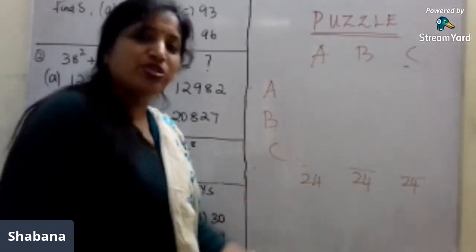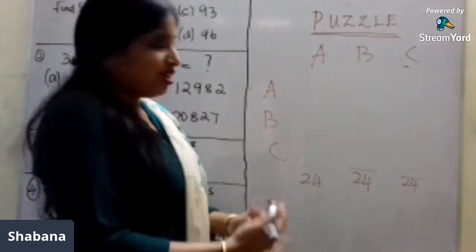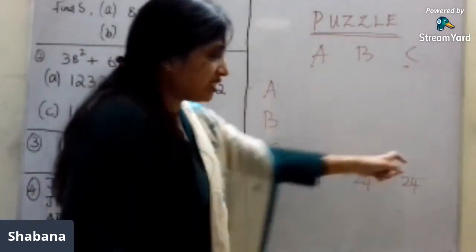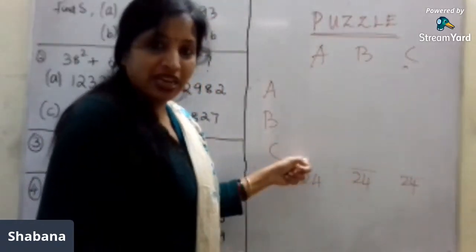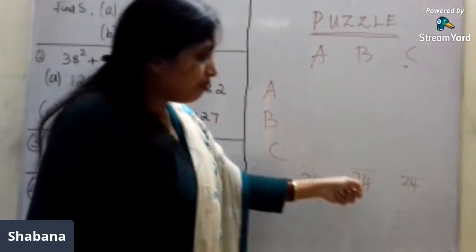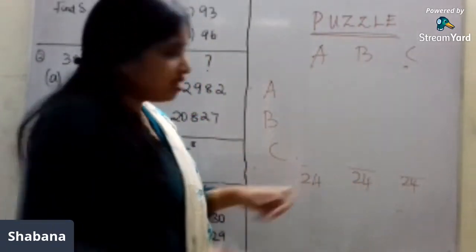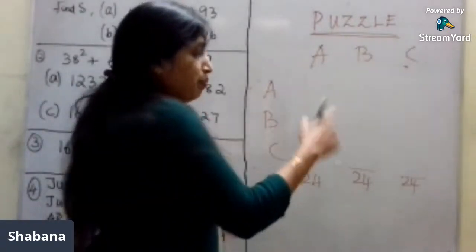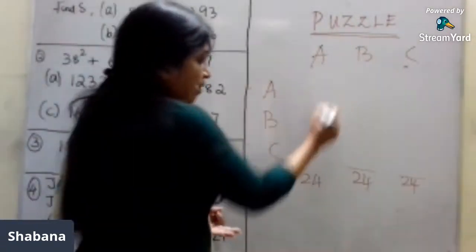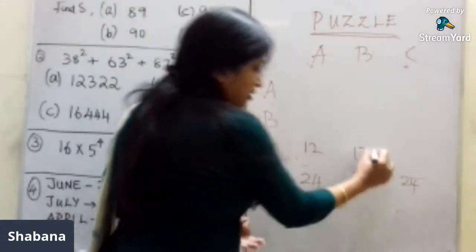So I'm just going to see the entire puzzle from the other side of it. So after lending tractors to B and A, B had 24 tractors and A had 24 tractors. So which means that before lending, A must have had 12 tractors and B must have had 12 tractors.